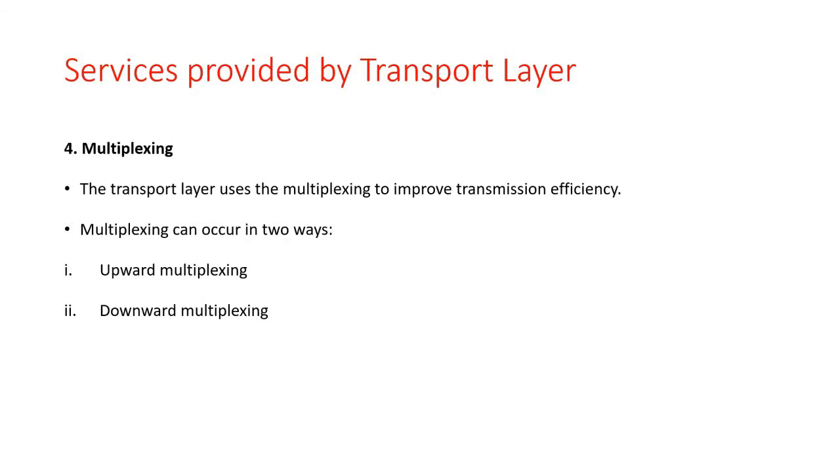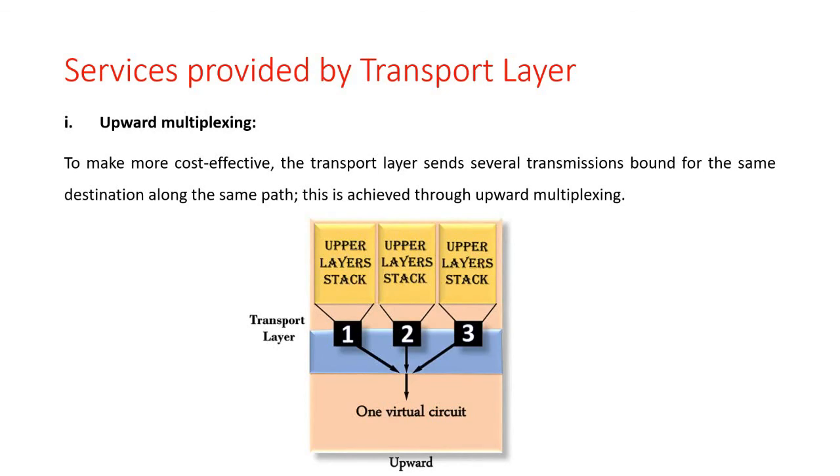The next service is multiplexing. The transport layer uses multiplexing to improve transmission efficiency. This multiplexing can occur in two ways: first is upward multiplexing and second is downward multiplexing. First we discuss upward multiplexing. Upward multiplexing means multiple transport layer connections use the same network connection.